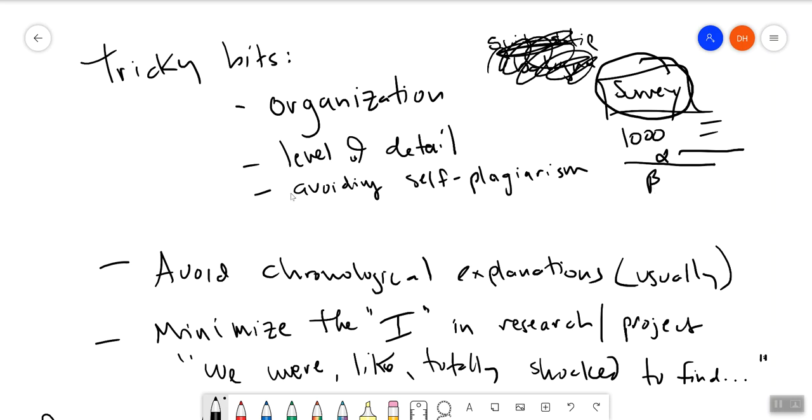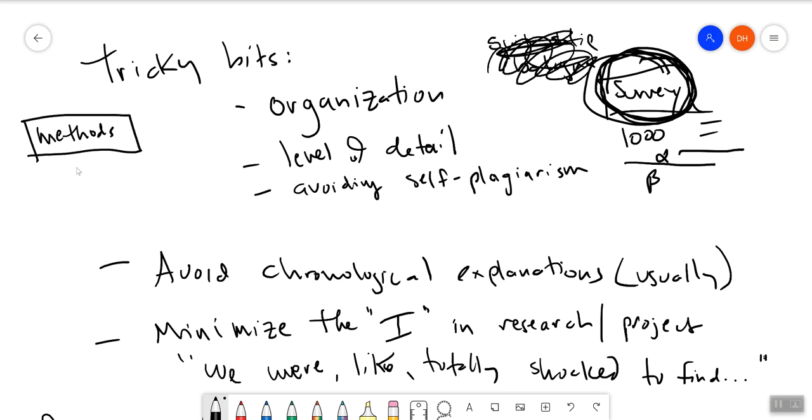Now, here, what it means to avoid self-plagiarism, you can keep this survey, right? Using the same survey for different research projects is not plagiarism, but in discussing, for example, the methods of how you got that survey, you would have to be careful to not simply cut and paste your methods from paper to paper, because that's self-plagiarism.